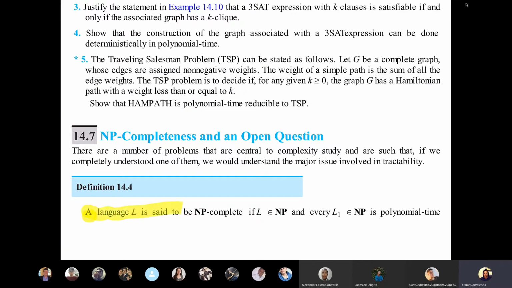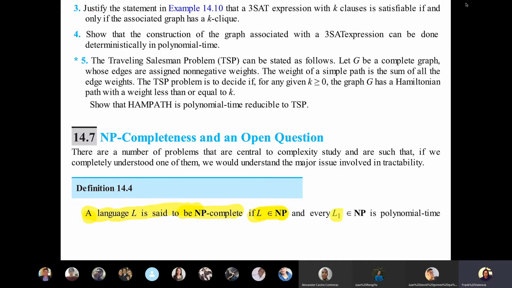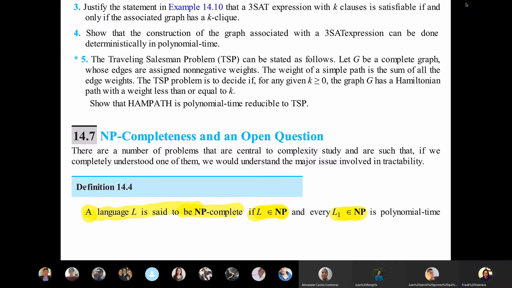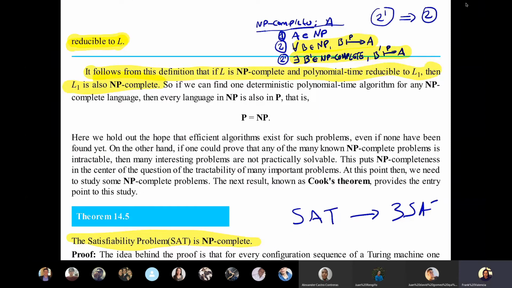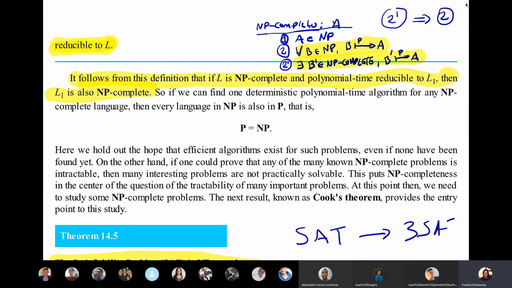A language is said to be NP complete if it is in NP, it can be decided in polynomial non-deterministic time, and every possible language L1 that is also in NP can be reduced in polynomial time to L. Let me write that down.